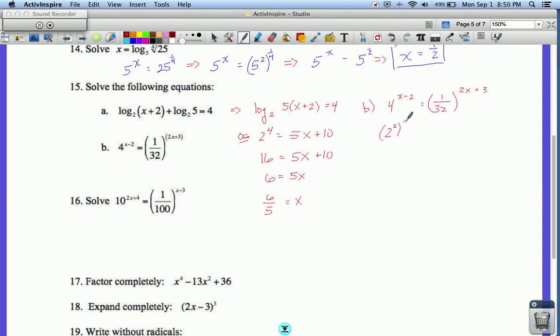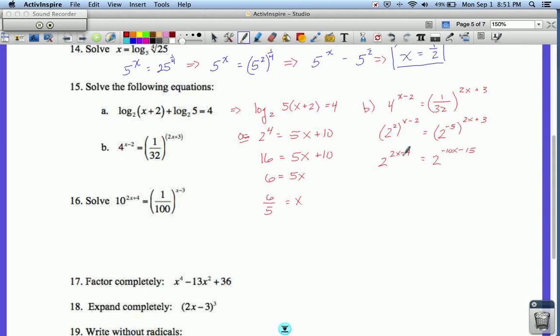There's 4. And 1/32 rather, is 2 to the negative 5. So this becomes 2 to the 2x minus 4. This becomes 2 to the negative 10x minus 15.